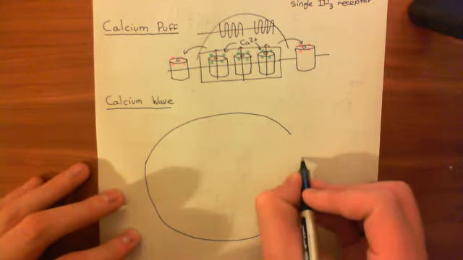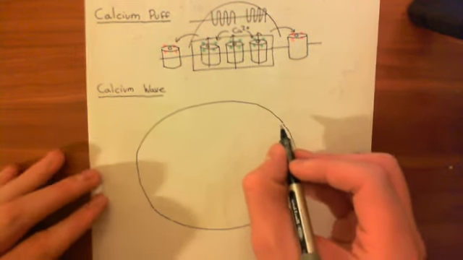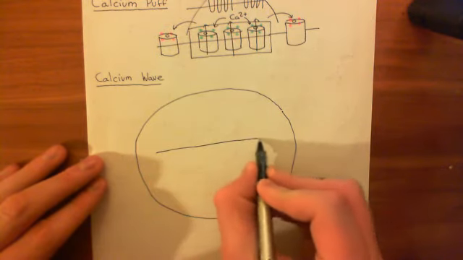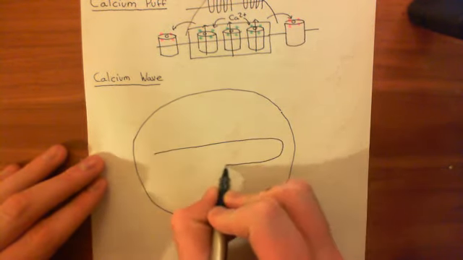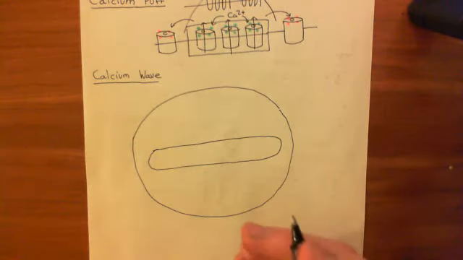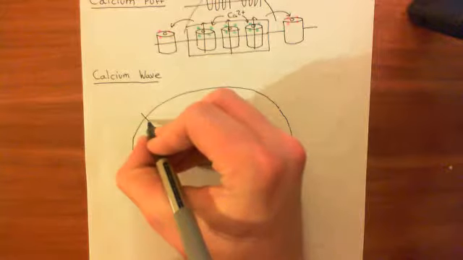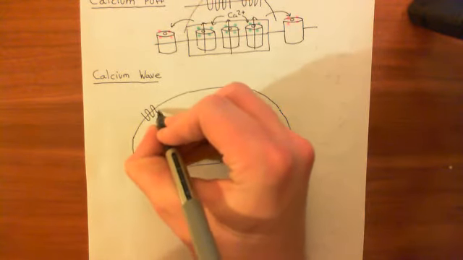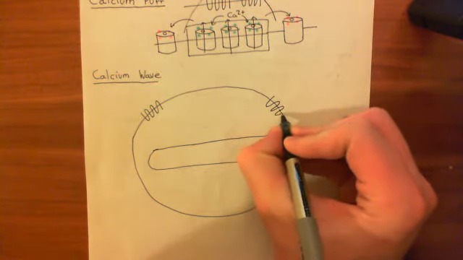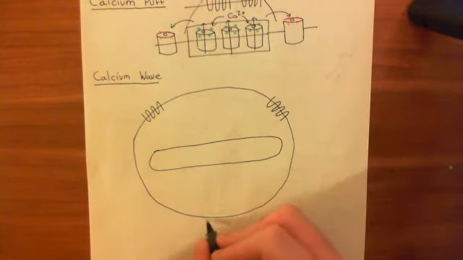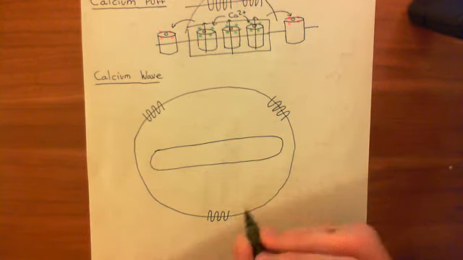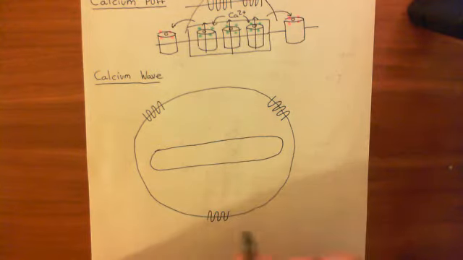If this is the endoplasmic reticulum here, spreading out through the entire cell, then what gives rise to a calcium wave is activation of the GQ pathway in the whole cell. So you need to have your ligand binding to your GPCRs and activating the GQ pathway all over the cell.